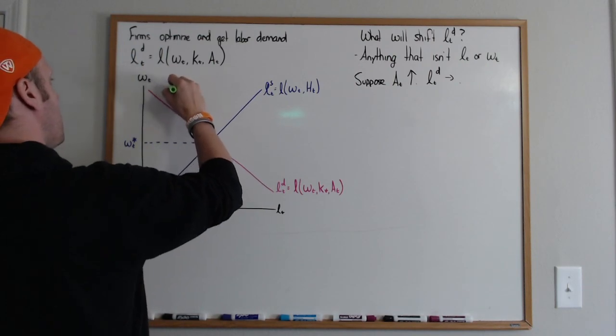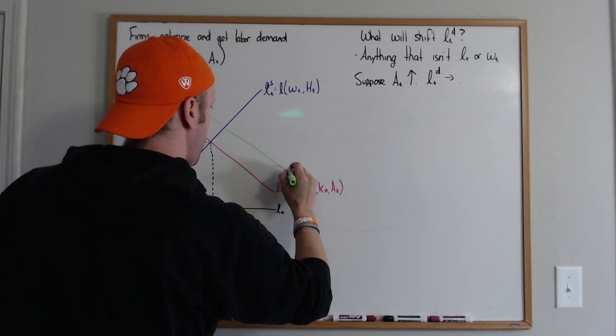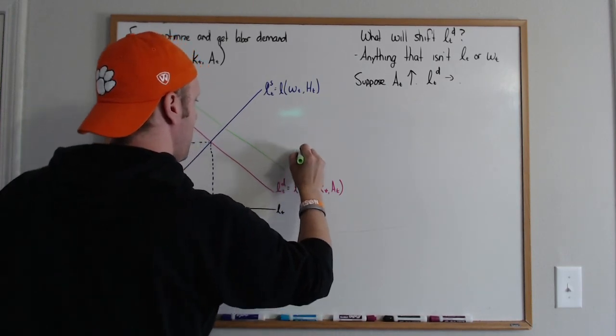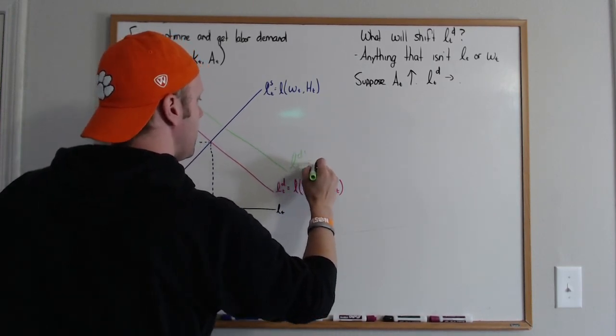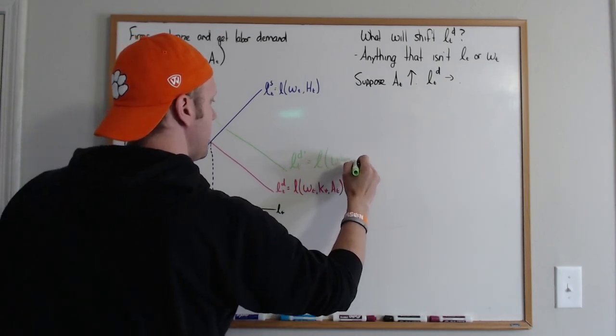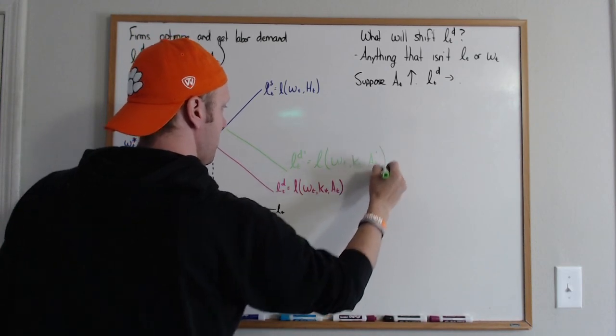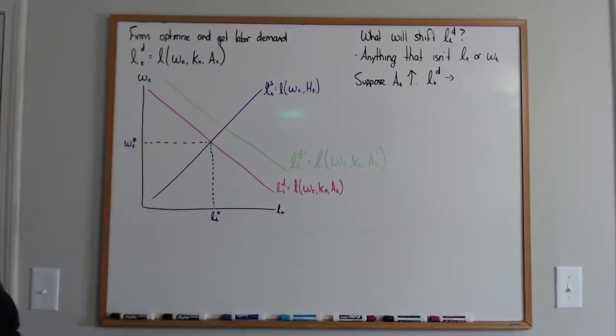Well, LTD prime is a function of L, the real wage rate, capital, and AT prime. And that would be an outward shift, or a rightward shift, in labor demand.